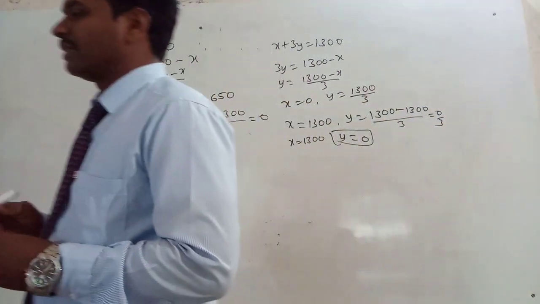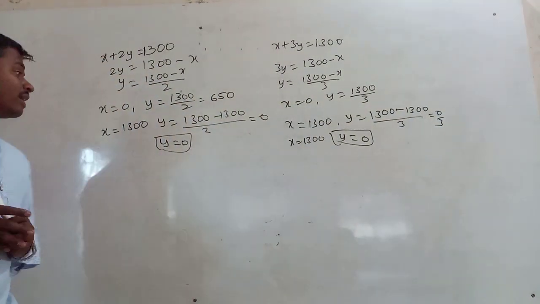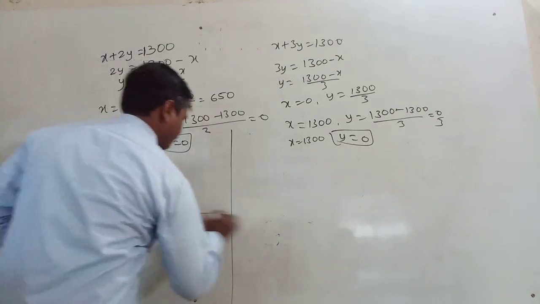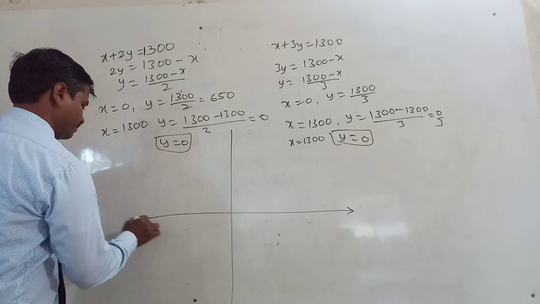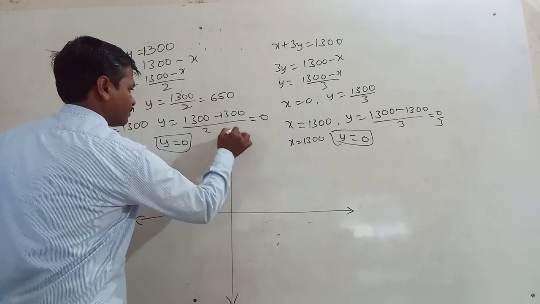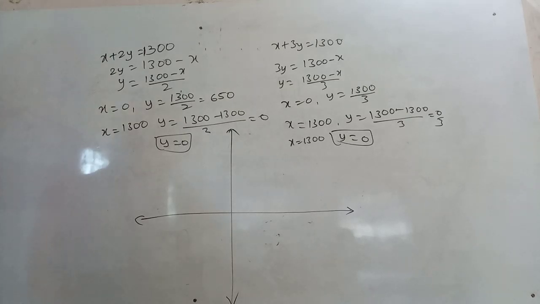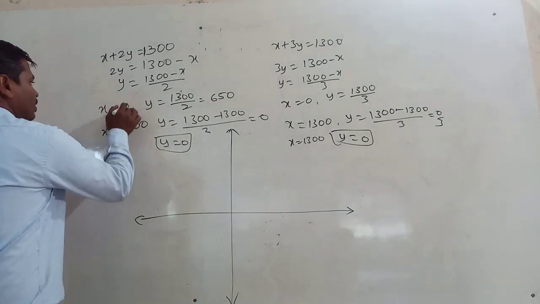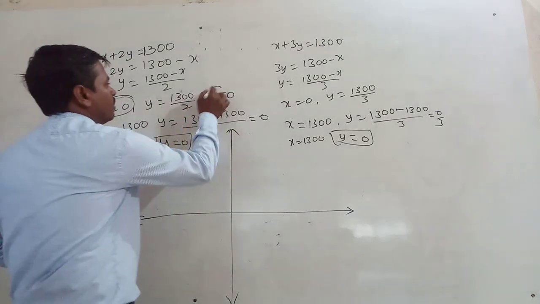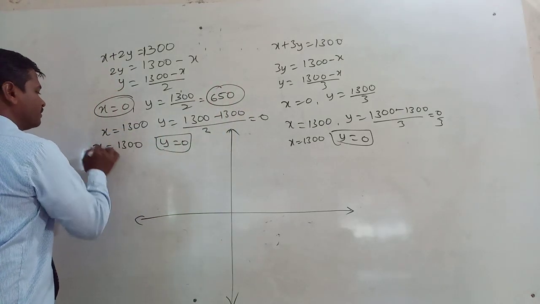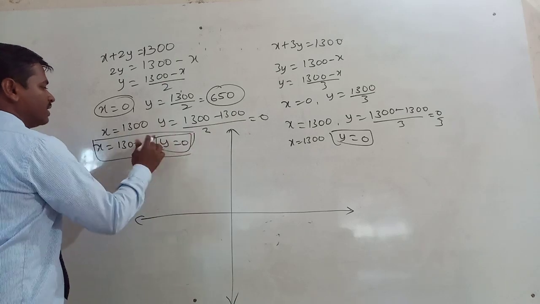Now the first case, we can draw the points here. In the first case, the points are x equal to 0, y equal to 650, and x equal to 1300, y equal to 0.